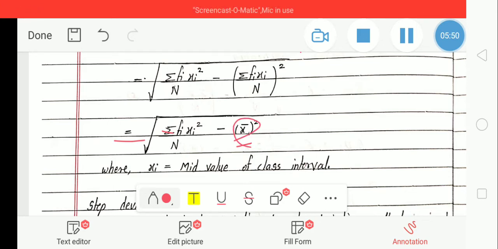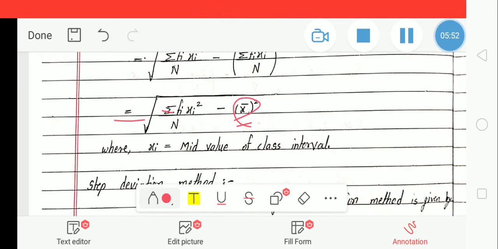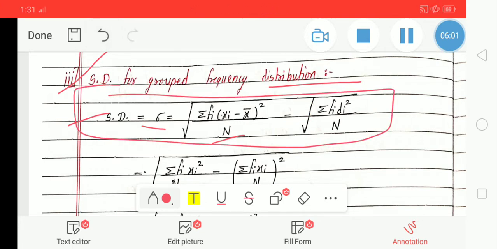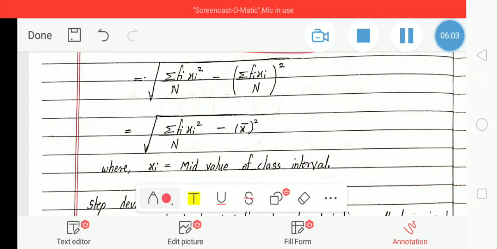Here xi is the mid value of the class interval. This is the formula for grouped frequency distribution.